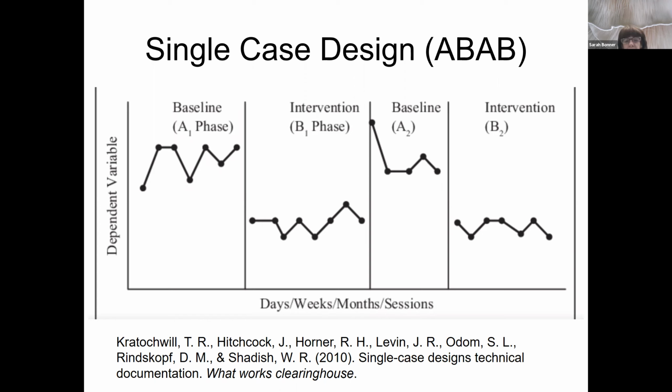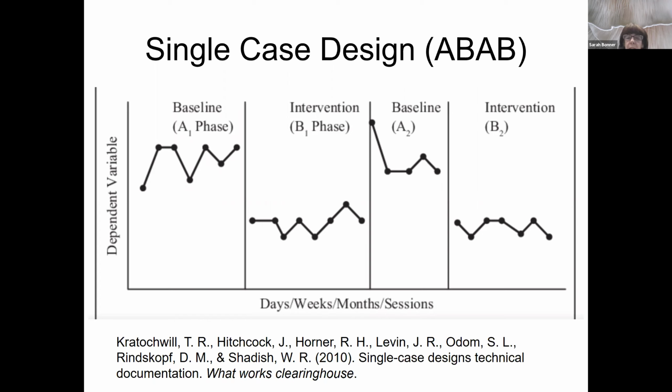So you stop the treatment. You measure again. Here you have a later phase for A2, not sure why. And that's to reestablish a baseline without the intervention. And then you go back and you reapply the intervention and you measure it multiple times, again, 7.